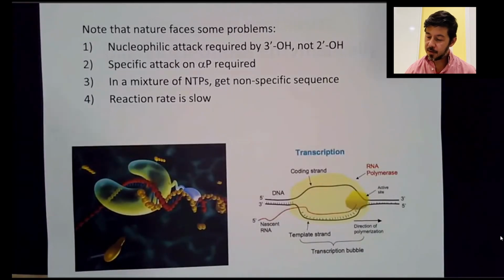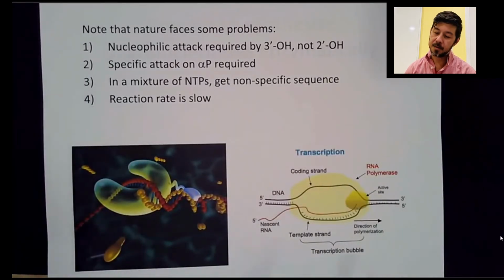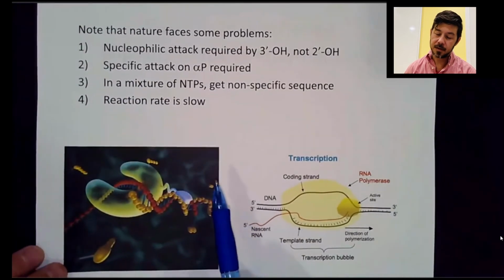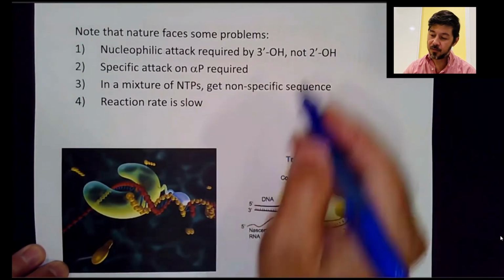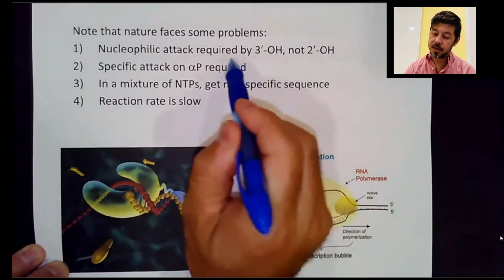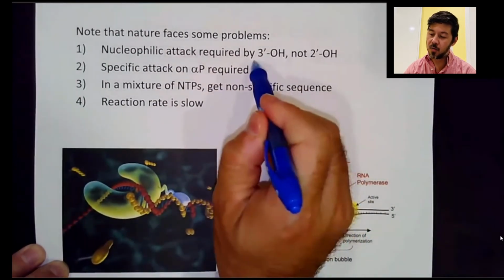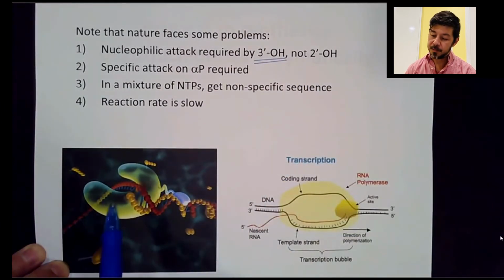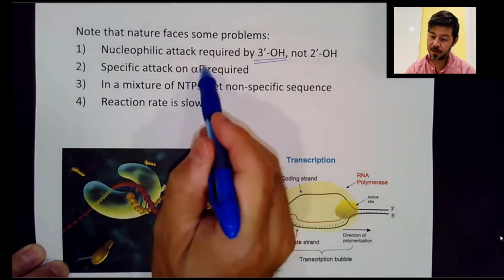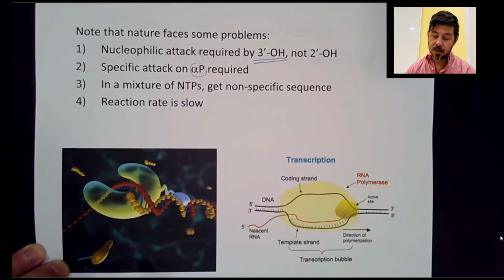Nature faces some problems inherently as well. If you have something like an RNA polymerase, and RNA has 2' hydroxyls, the nucleophilic attack during transcription is always on the 3' hydroxyl. You never get mixed sequences at the 2' hydroxyl. Specific attack on that alpha phosphate is required, as I mentioned.